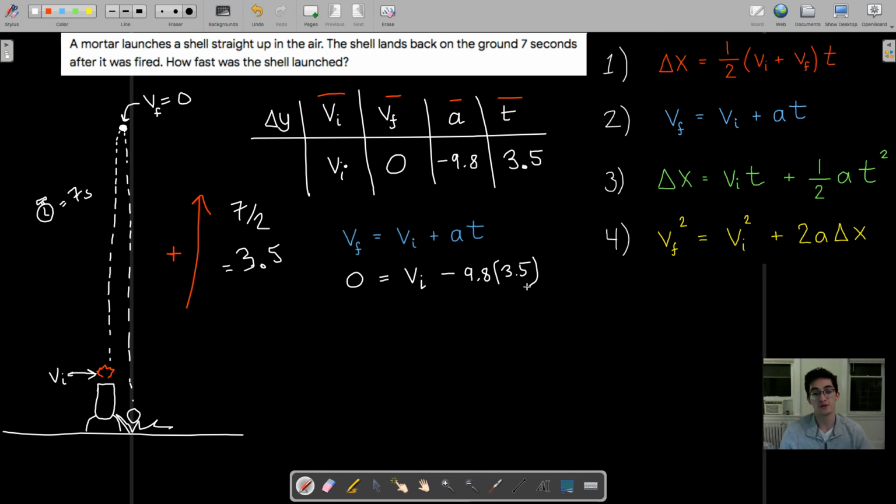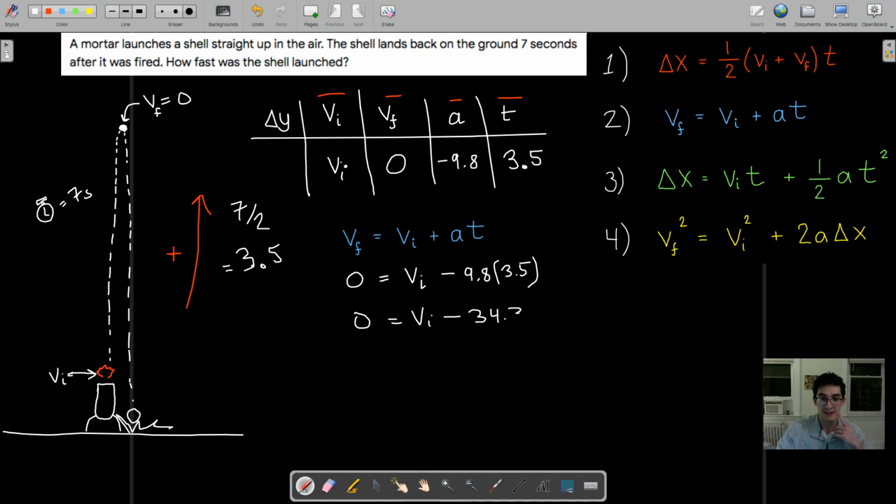All right, so now, our next step is going to be to do a little bit of calculating. So 9.8 times 3.5 gives us 34.3. So 0 equals v initial minus 34.3.